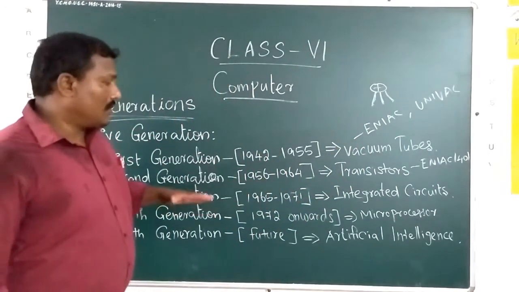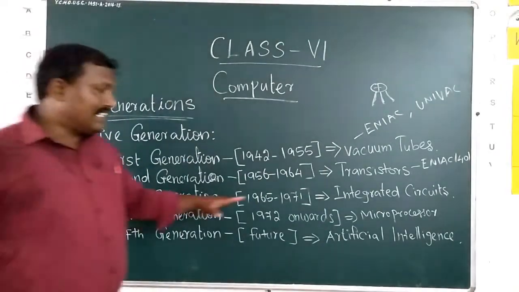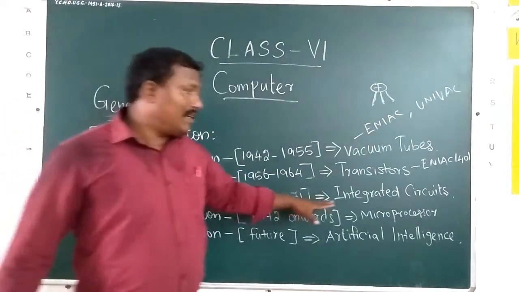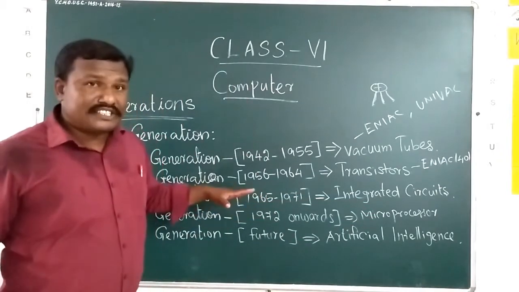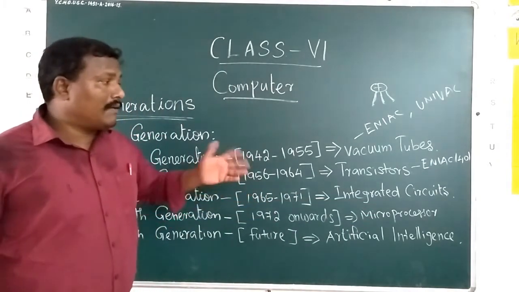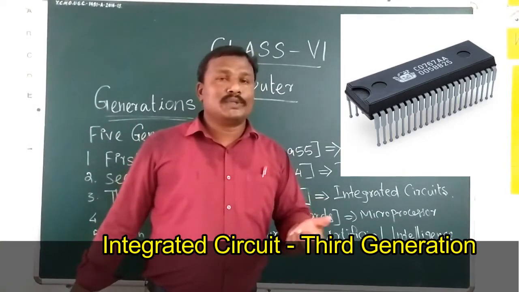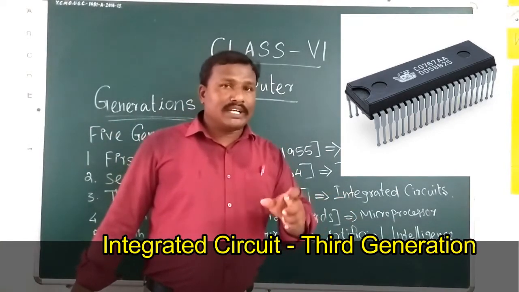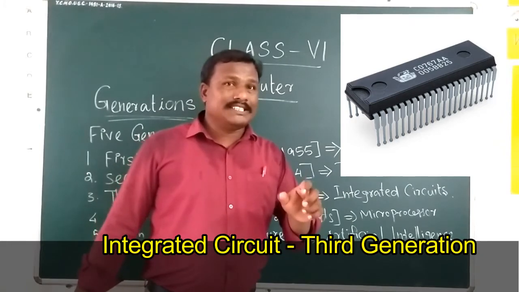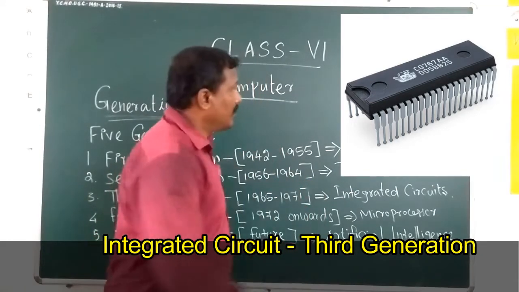Then the third generation computer, 1965 to 1971. They used integrated circuits, meaning IC. Nowadays we also use them in TV. If you look at a TV, there are some IC chips, like this.